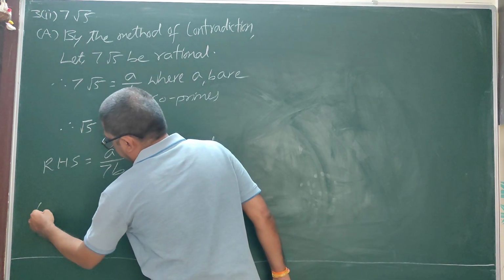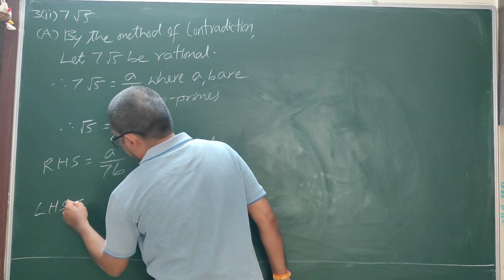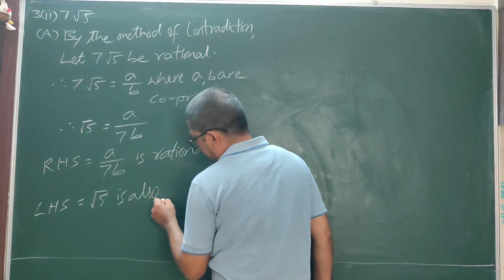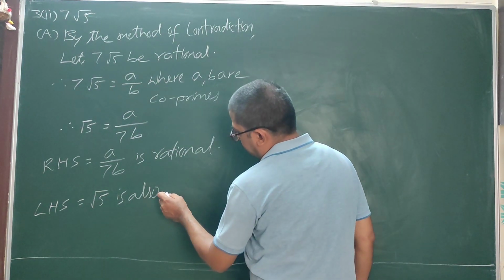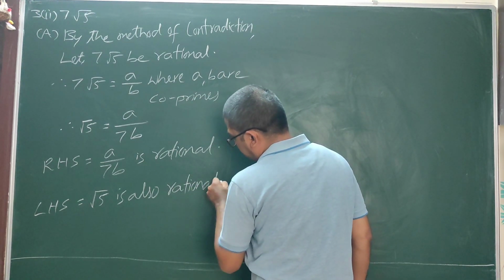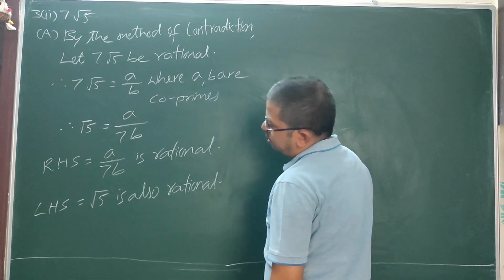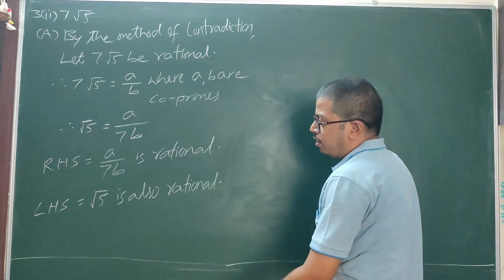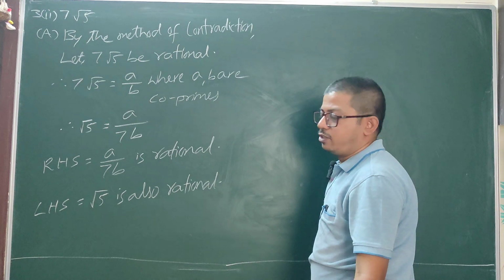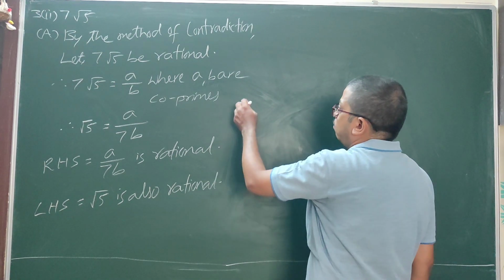Automatically, LHS equal to root 5 is also rational, because when RHS is rational, LHS cannot be irrational, it must be a rational number.